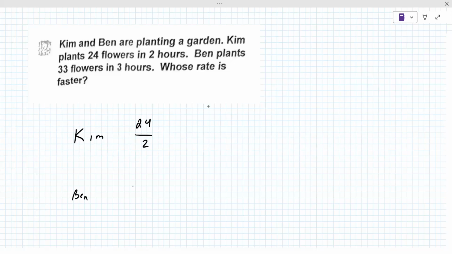Ben plants 33 flowers in 3 hours. Whose rate is faster? Divide each one by 2 and by 3. So Ben's is 11, and you have to give the units. So it's 11 flowers per hour. Units are really important right now.